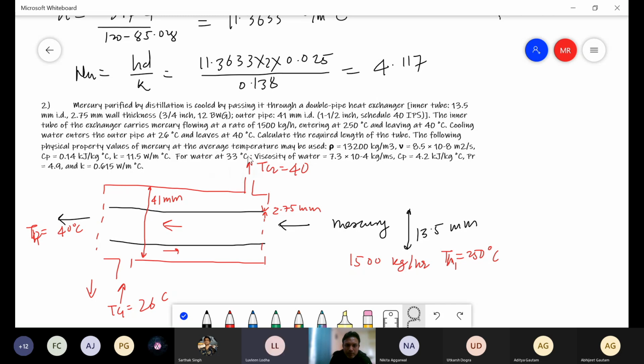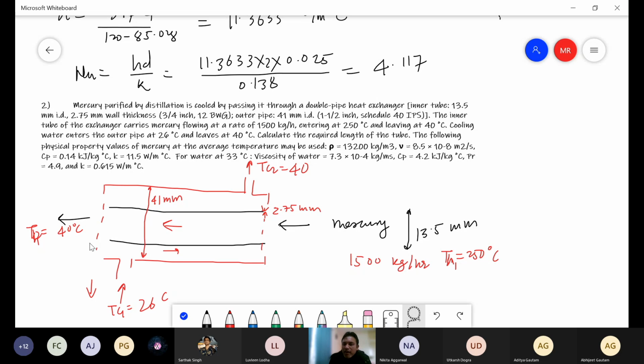Sir, could you repeat that? Here I have taken TC1, water entering in the direction opposite to that of mercury, isn't it? I selected that because only in that case are my temperatures satisfied. Even if the cold fluid enters here at 26 degrees Celsius, there is a temperature difference between the hot fluid and the cold fluid, so clearly this is a feasible situation.